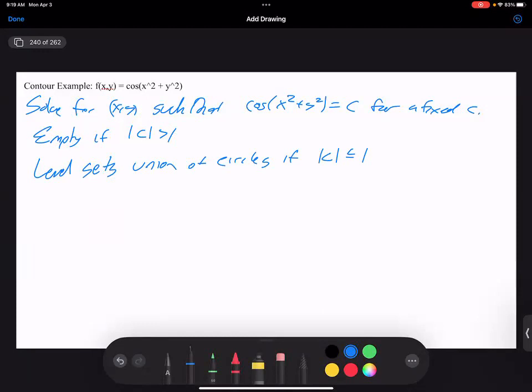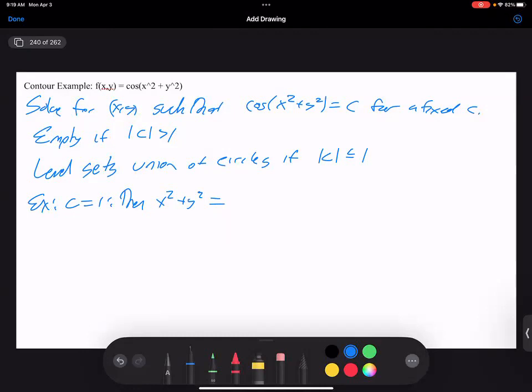So for example, let's do c equals 1. So what has a cosine of 1? 0.